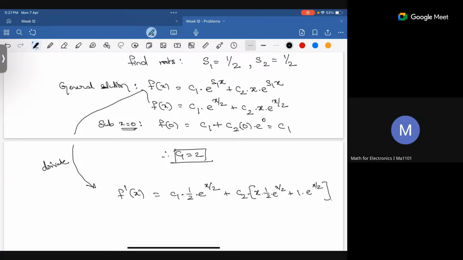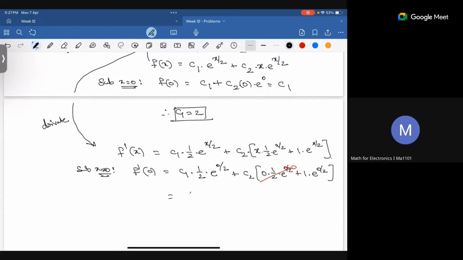Now I will substitute x equals 0. What will I get? F prime of 0 equals c1 into half into e power 0 by 2 plus c2, this is 0 anyway, half e power 0 by 2 plus 1 into e power 0 by 2. Okay, so this is 0 because you have a 0 getting multiplied.